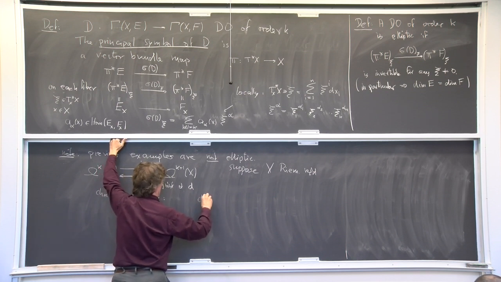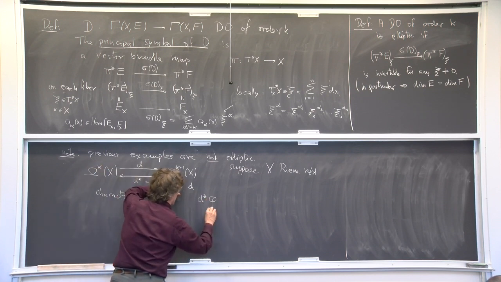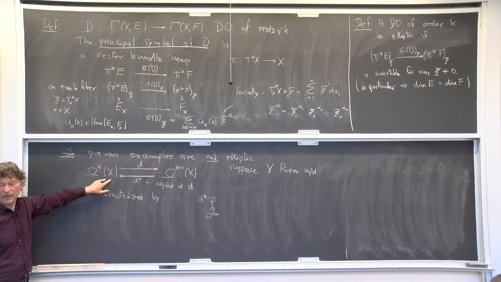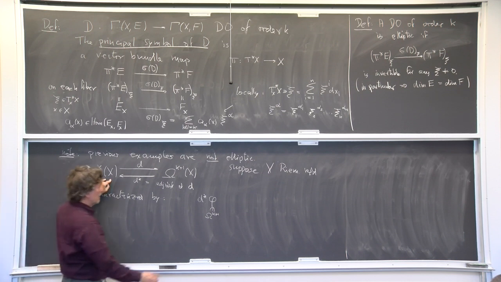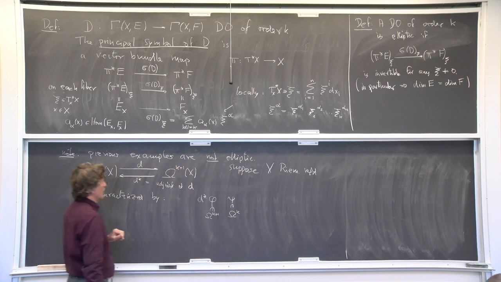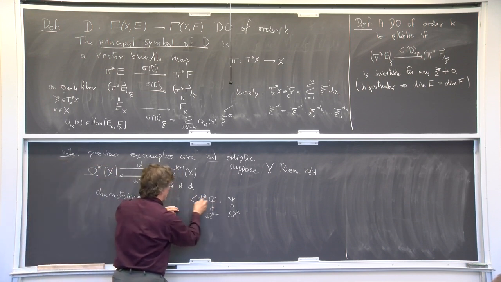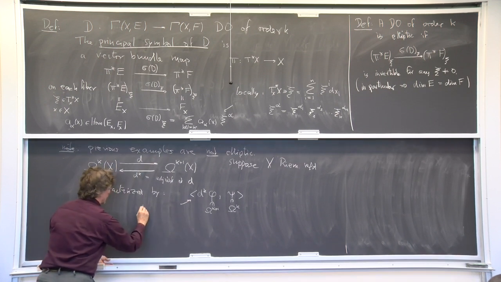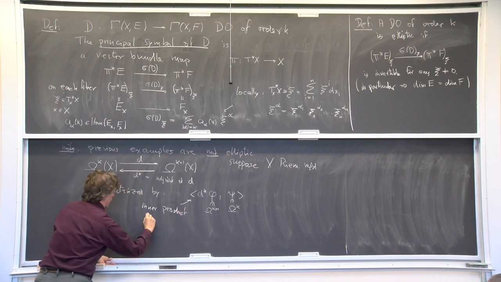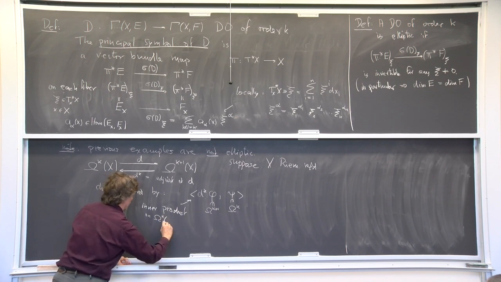So take d star, you can apply that to a k plus 1 form. Let's say phi is a k plus 1 form. Then the resulting thing is supposed to be a k form. So suppose you give yourself a k form, say psi. Then you can take the inner product of those two k forms, where this is an inner product that I'm going to describe in a minute on the space of k forms of x.